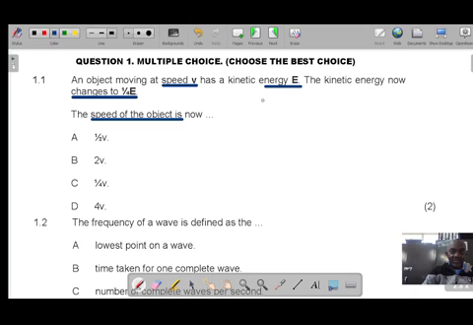So I can say that a half times mass, times V initial, that is VI here, squared, is equal to E. Hope we are together.